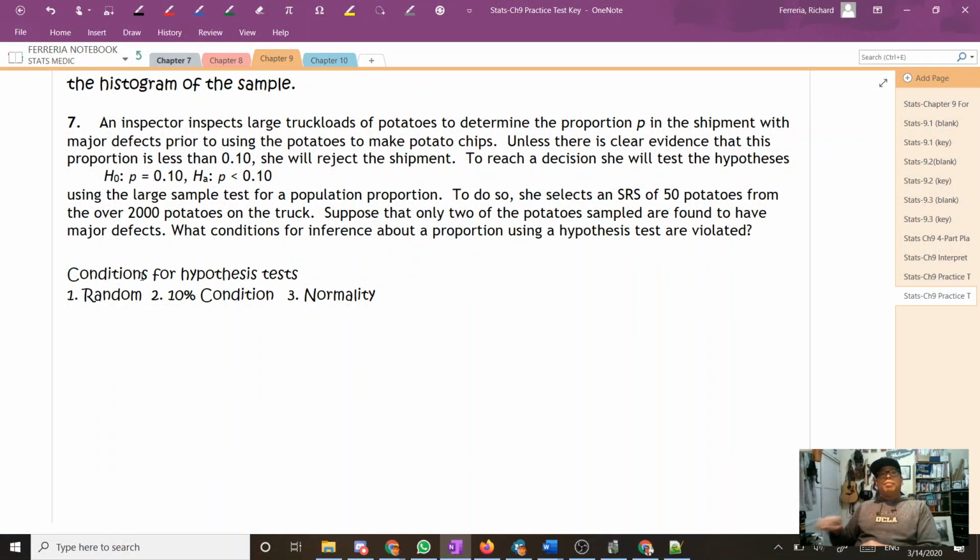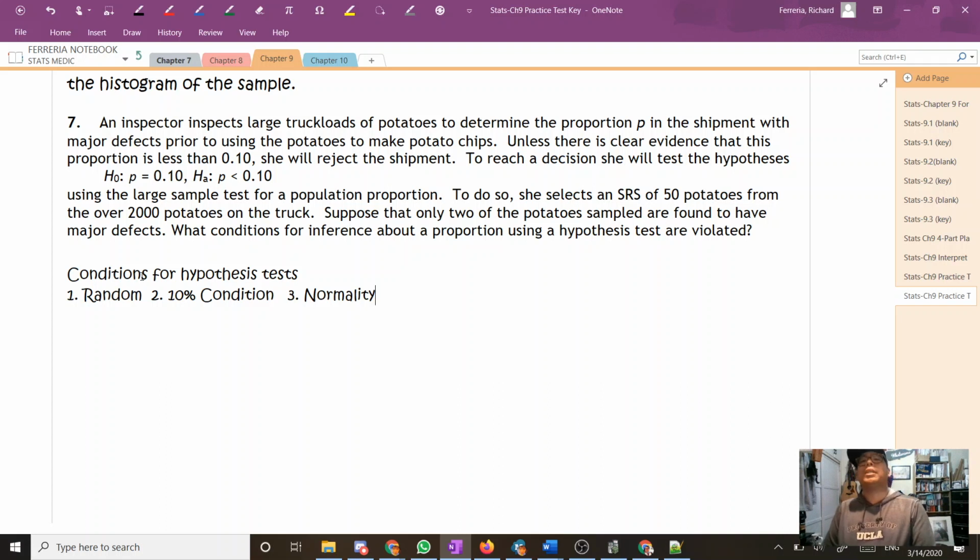An inspector inspects large truckloads of potatoes to determine the proportion P in the shipment with major defects prior to using the potatoes to make potato chips. Unless there's clear evidence that this proportion is less than 0.10, she will reject the shipment. To reach a decision, she will test the hypotheses P equals 0.10 versus the alternative P is less than 0.10, using a large sample test for the population proportion.